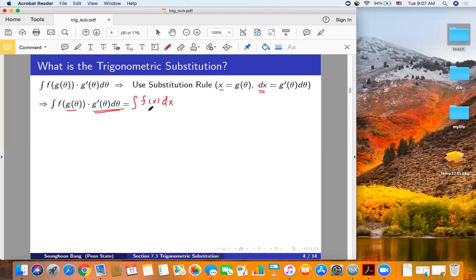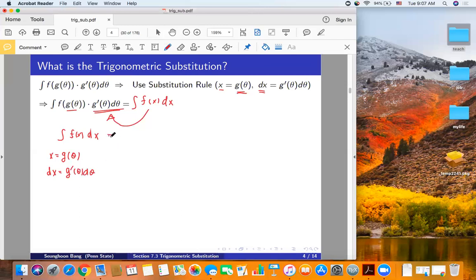We think about it backward, like this. The integral of f of x dx is given. Here, the integral of f of x dx is given. You can use x equals g of theta. Find the differential form dx. dx is g prime of theta d theta.